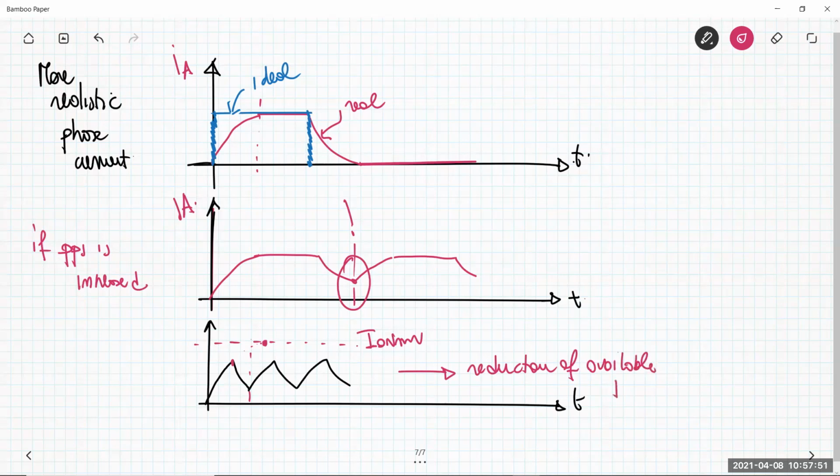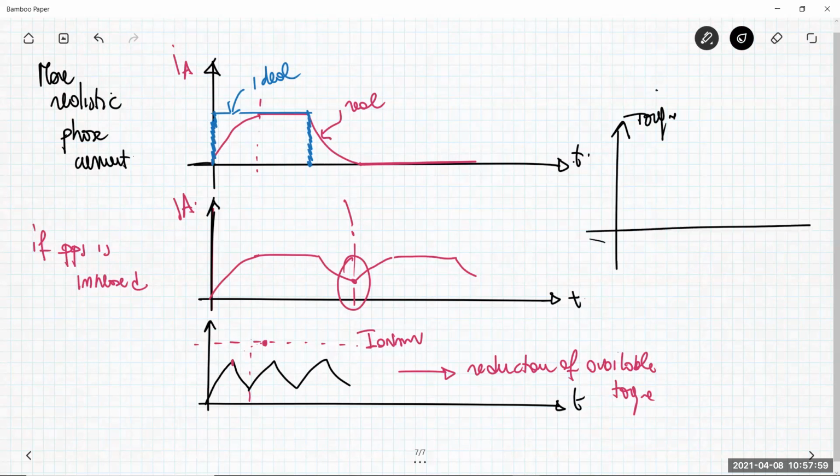And so a more realistic graph of my torque versus the pulses per second is that if the pulses per second are quite low, you can have the maximum possible available torque. And then, increasing the pulses per second, the torque goes down.